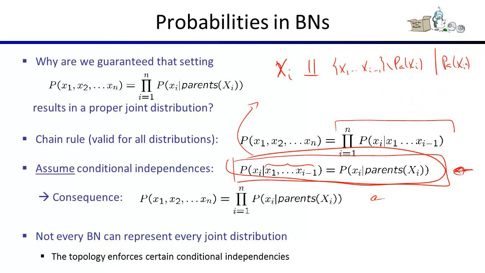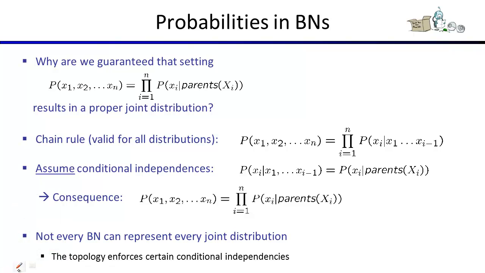One good question came up during the break, which is the following. For this all to work out, there's one assumption that's hidden here that I want to make more explicit. When you apply the chain rule, you have n factorial different orderings that you can choose from.